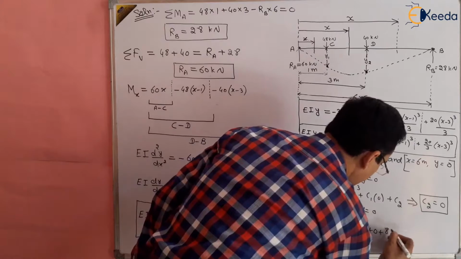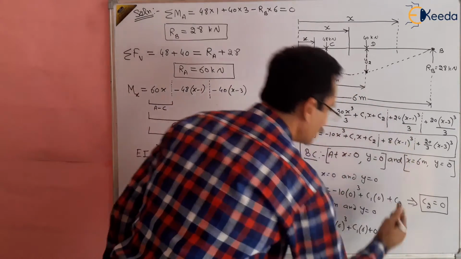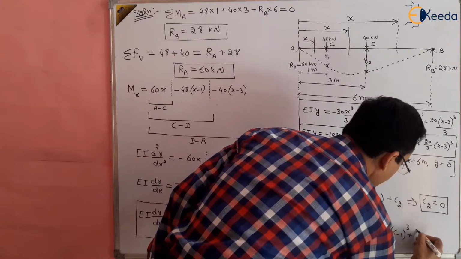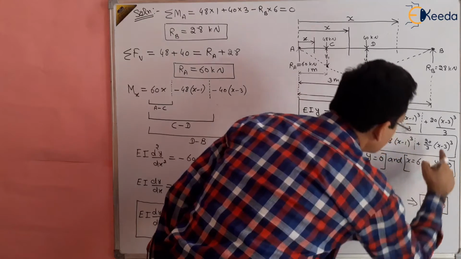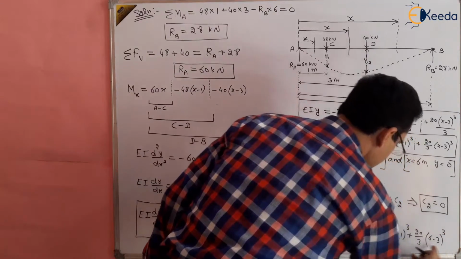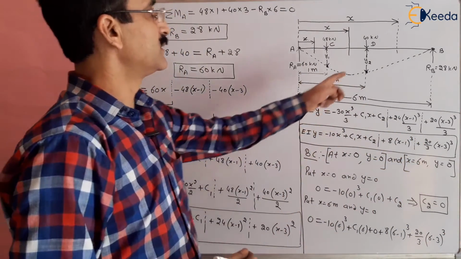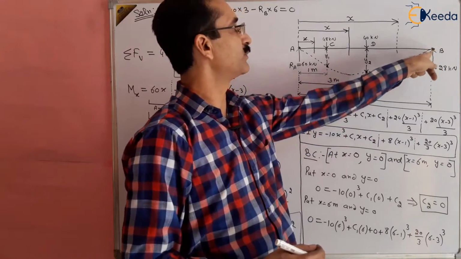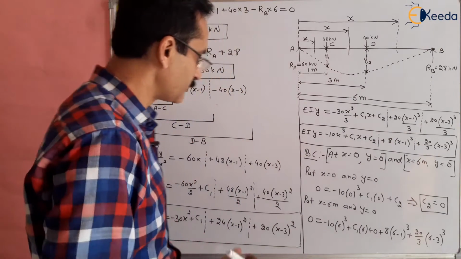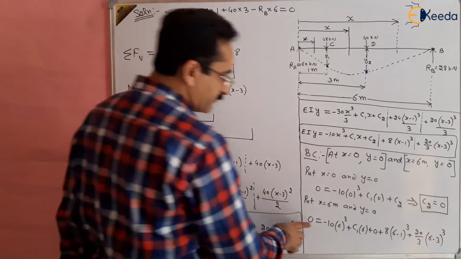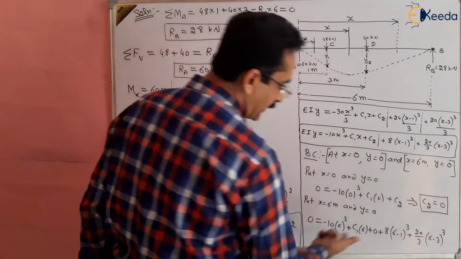Plus 8 times (6 minus 1) cube plus 20 by 3 times (6 minus 3) cube. The entire equation will be used because this is between part D and B, right? Because we have to find out the deflection at B. So from here now only one unknown is there, that is C1, and C1 can be obtained.